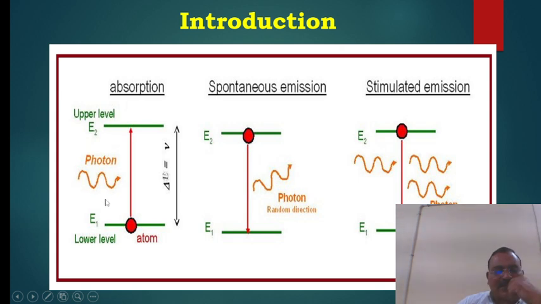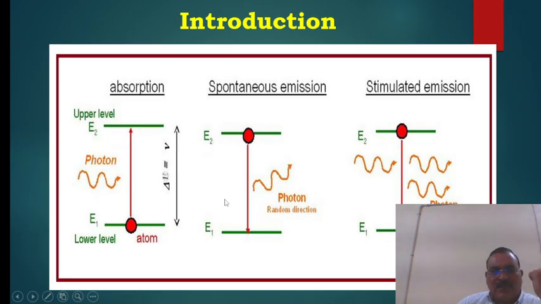Yes, that is the case of semiconductor lasers, but here I am saying it in a linear way: that photon is absorbed by the atom, and after that this atom goes to the upper level of energy, that is the excited state. Okay, and yes, this absorption of the photon by the ground state atom is known as stimulated absorption.